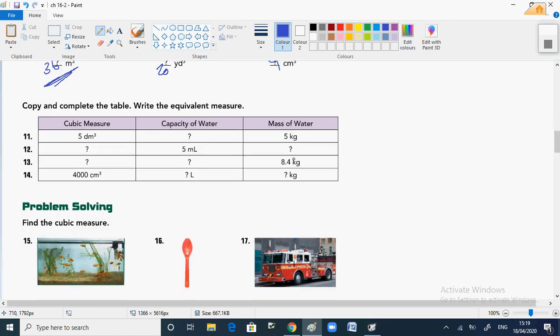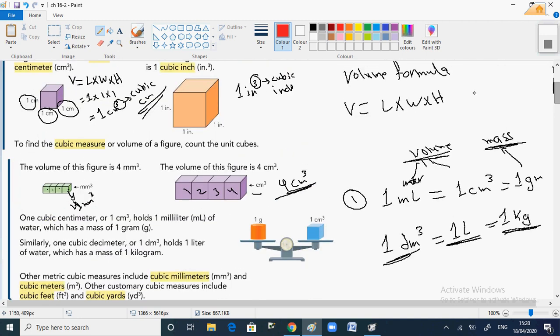Okay? Now copy and complete the table. Write the equivalent measures. So here we have to write the equivalent. I told you before, let me copy this one.